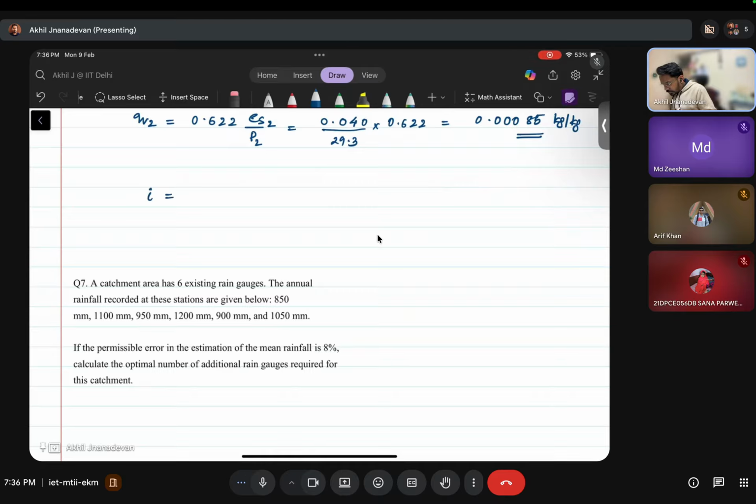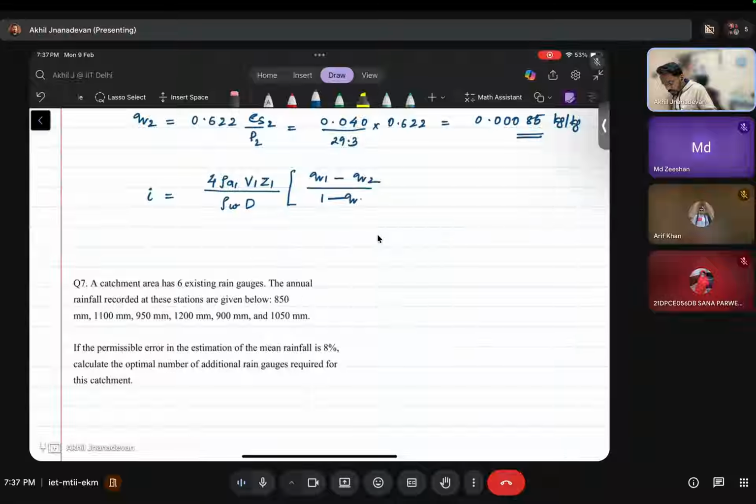The equation involves alpha, A1, air density at location 1, V1, the velocity at location 1, Z1, the inlet elevation, rho W, the density of water, D, the diameter, and QV1 minus QV2 by 1 minus QV2.